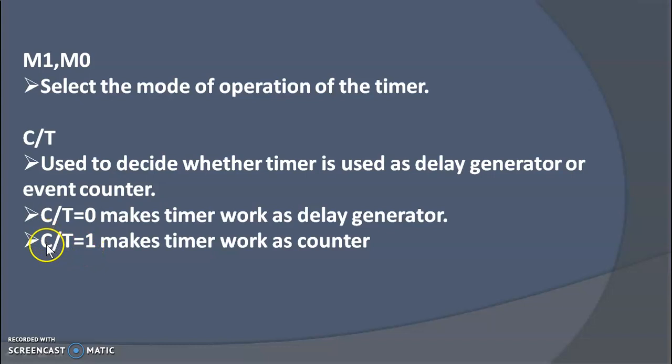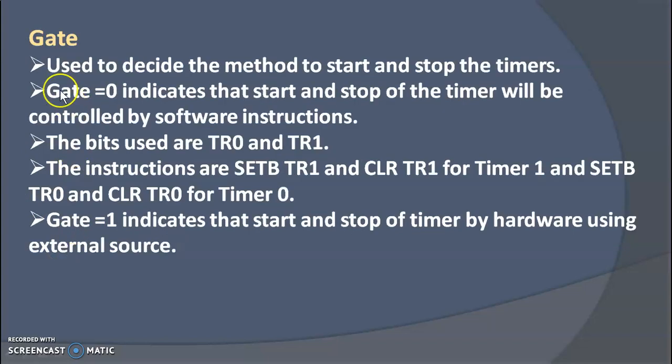Here C stands for counter, T is for timer. Then the next bit is gate bit. It decides whether the timer will be controlled, the starting and the stopping of the timer, whether it will be done with the help of any software signal or with the help of hardware.